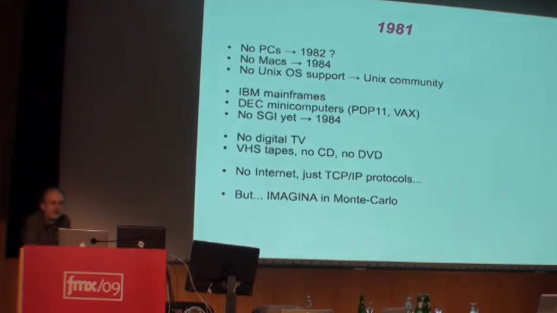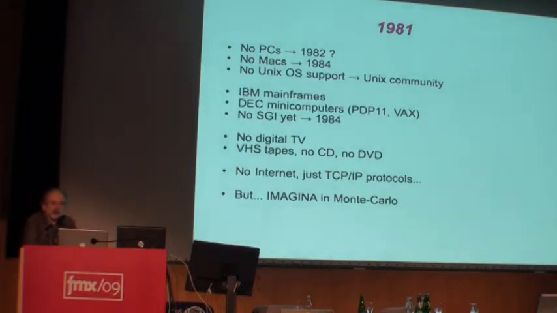Light came from Monte Carlo. Monte Carlo, Imagina, was the event which brought the perception and the understanding of what was happening on the other side of the ocean, in the US, from everything that people like Ed Catmull or Jim Blinn or other pioneers started in the late 70s.